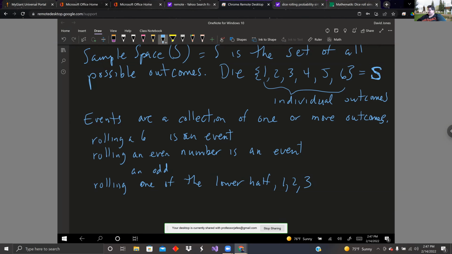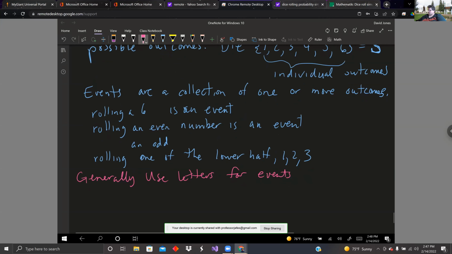And the way you want to name events is we generally use letters for events, because we don't want to write out a lot unless the word's short. Like 6 is a short word. I could say probability, but I don't want to write the number 6 like that because that's confusing.